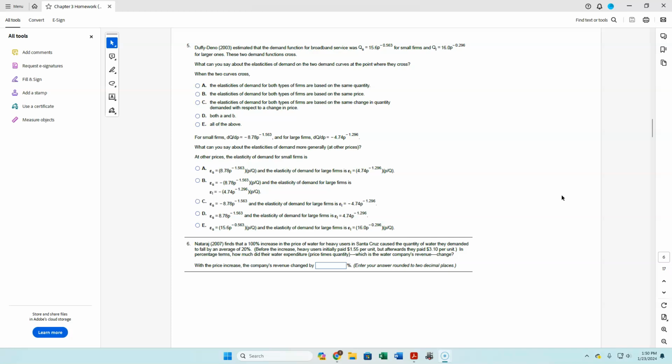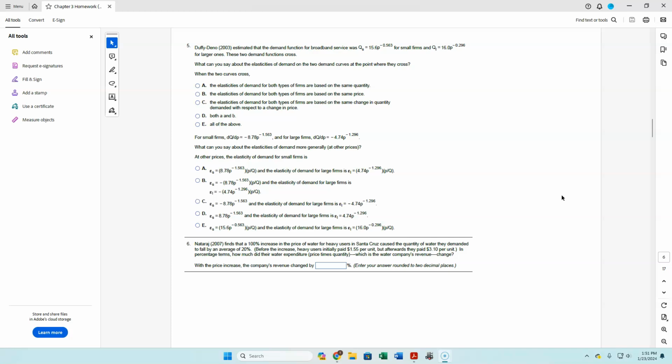Okay, for number 5. In number 5, we're given a demand curve for broadband service, and we're given what that curve looks like for both small firms as well as large ones. Geez, that's horrible subscripts.